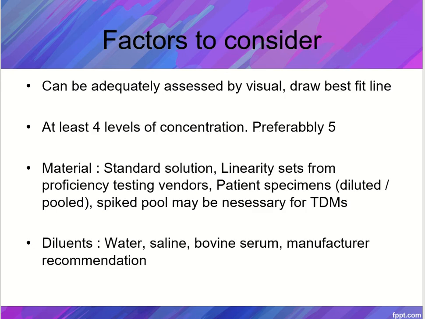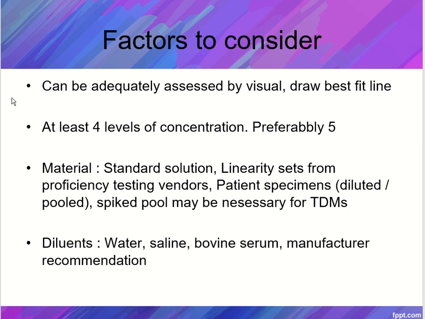Okay, under reportable range, these are the factors to consider. First, the data can be adequately assessed visually, so we can draw a best fit line. At least 4 levels of concentration, preferably 5, but you can do more if you want.